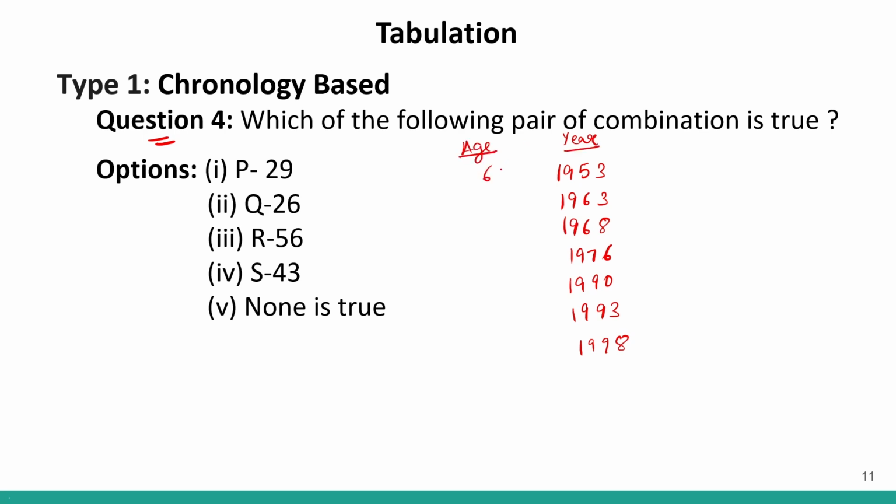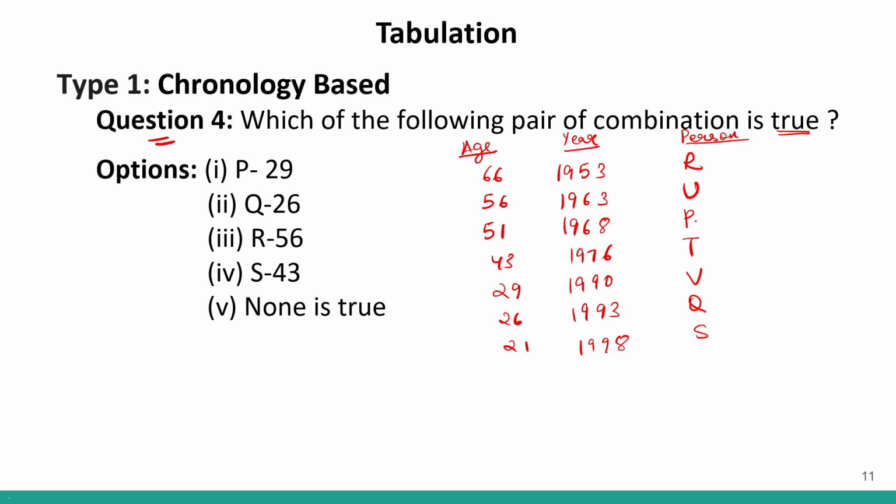The ages are 66, 56, 51, 43, 29, 26 and 21. And the persons born in these years are R, U, P, T, V, Q and S. So we have to answer which pair of combination is true.